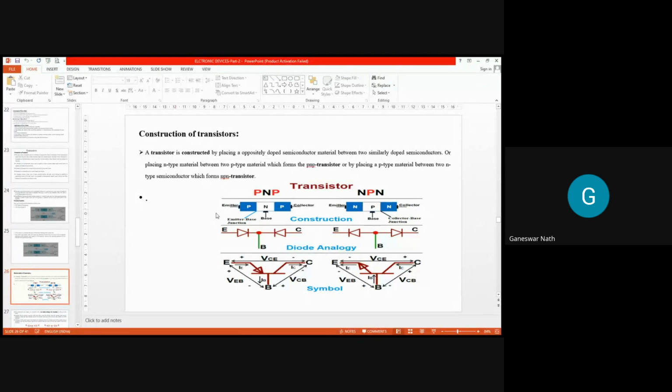Okay, just you can see, that means we are sandwiching one N-type material between two P-type materials and one P-type material between N-type materials. Okay, and these are the logic symbols you can see, and there is a difference. For PNP, the arrow mark points towards the base, and for NPN, the arrow mark points away from the base.